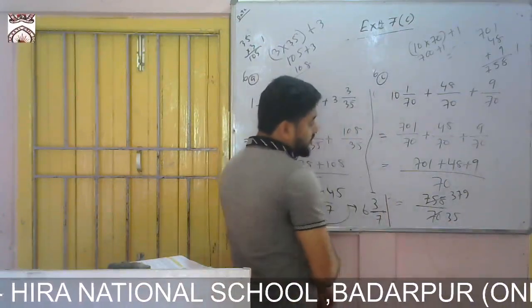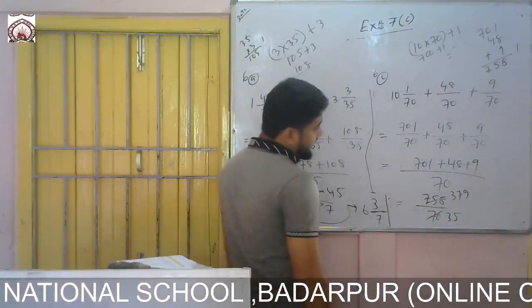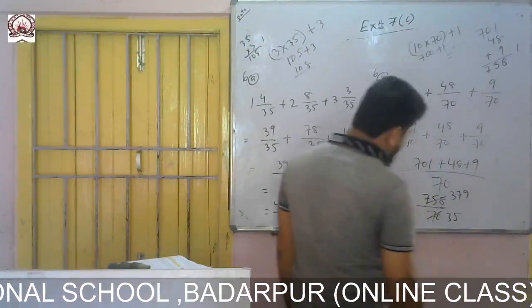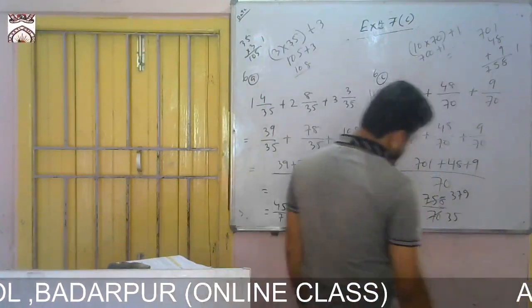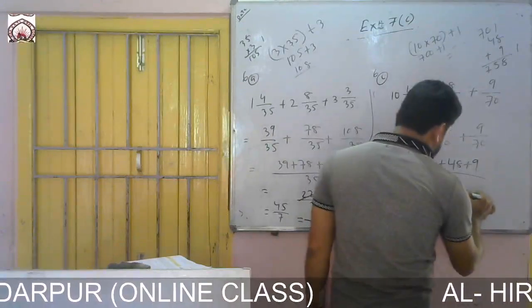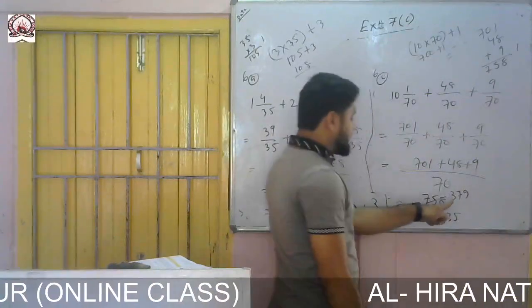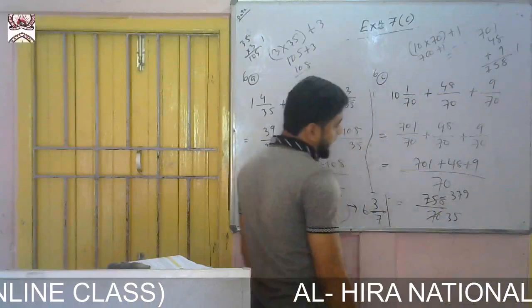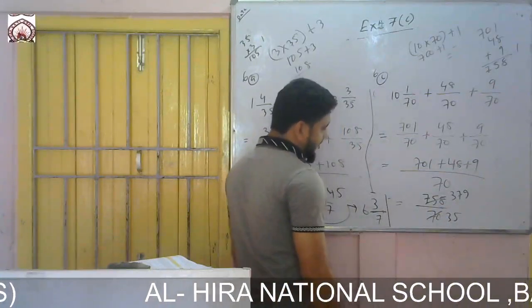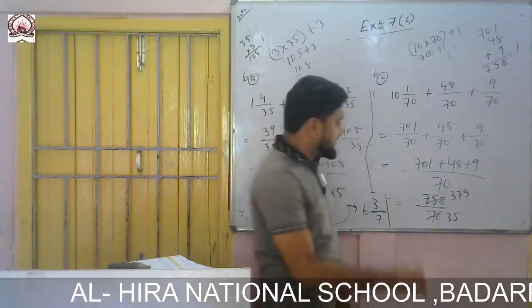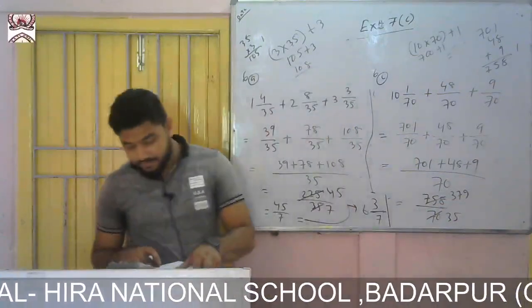Now what? With 7, let me try. With 7, if I cancel, then let me check. 379 by 35.